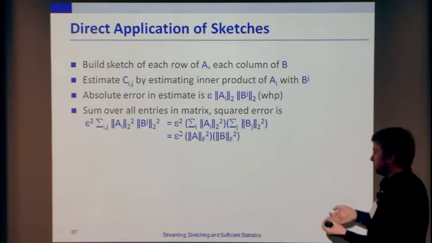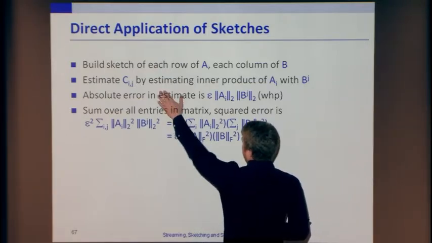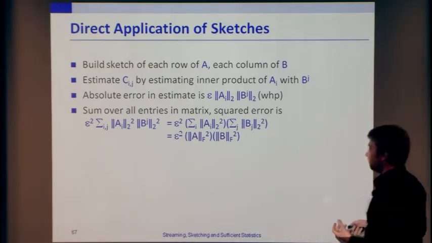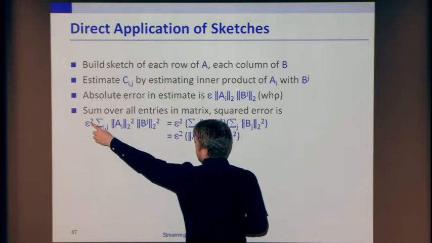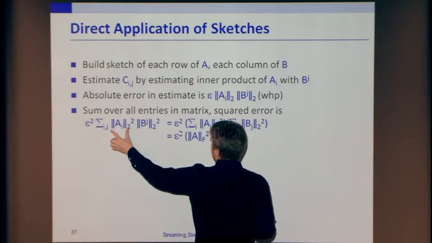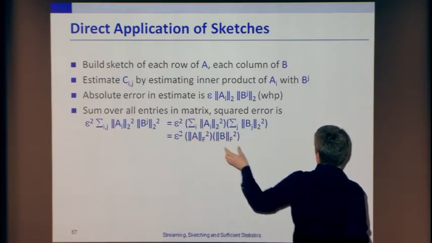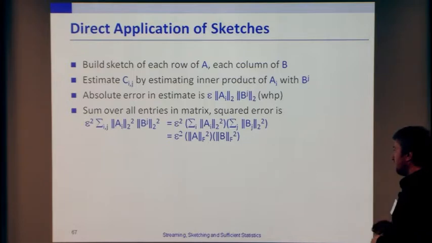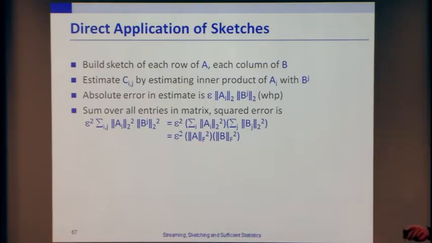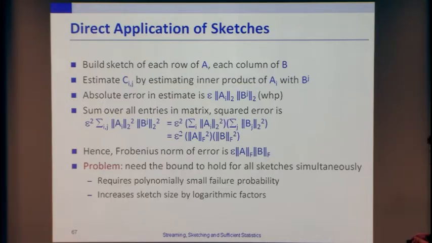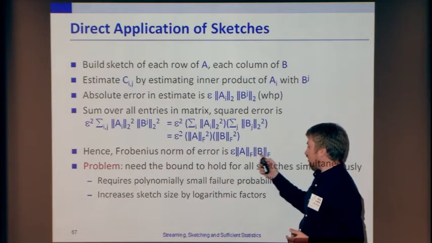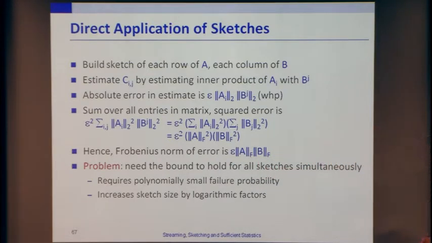So what that says is just using sketching results, if I do that for every entry and sum over all entries in the matrix, then the squared error is going to look like this summation of epsilon squared times the sum over all ij of the squared norm of row i of A and the squared norm of column j of B. And you plug that out, and what that gives you is a result in terms of Frobenius norm. So in fact, the Frobenius norm of the error is actually sort of in the form that you want. It's epsilon times the Frobenius norm of A times the Frobenius norm of B.